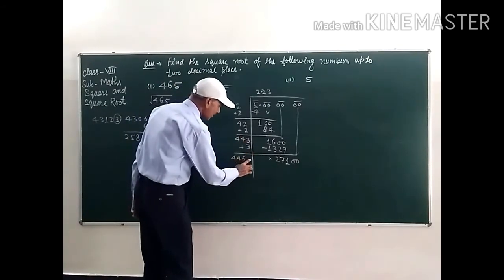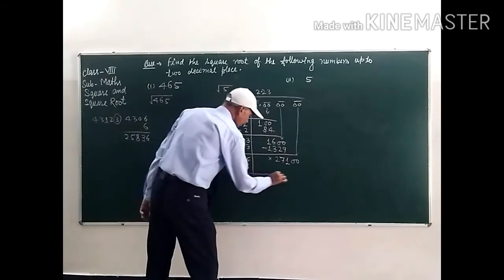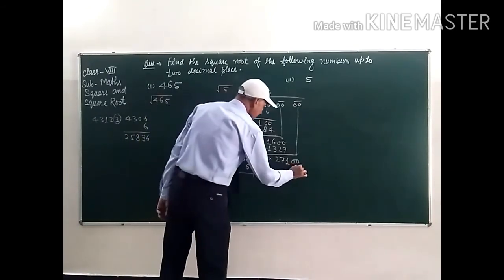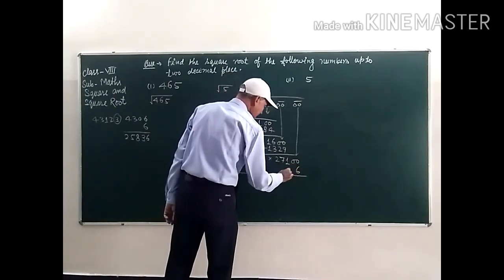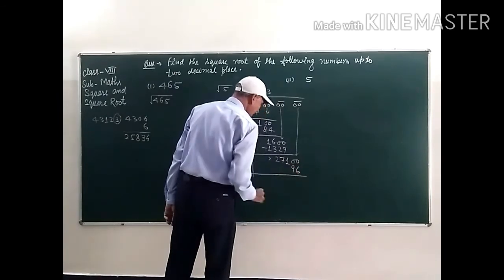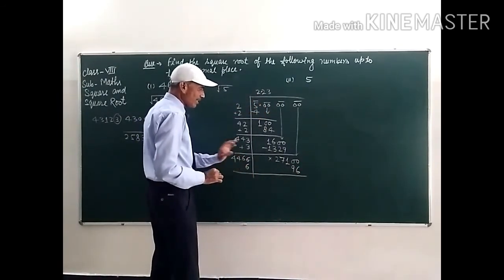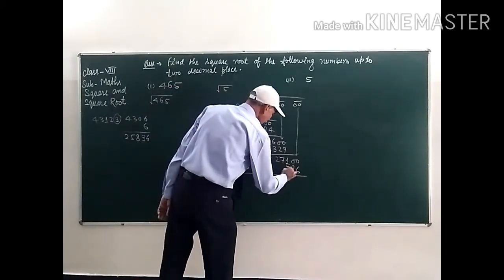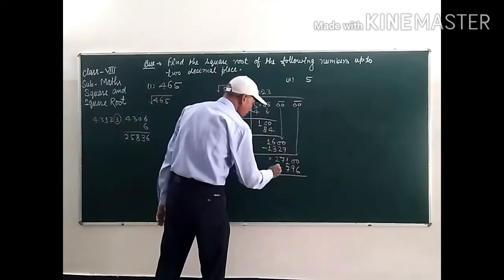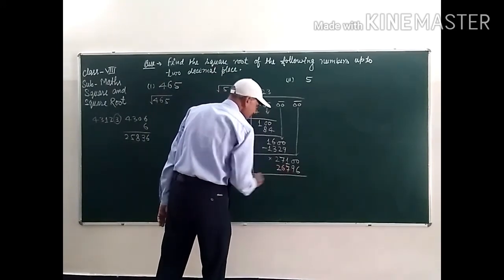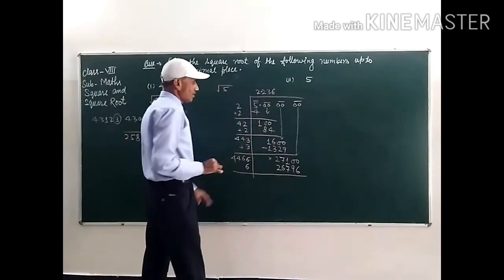Take 6 here. So 6 6 ja 36. Now 6 6 ja 36 and 3 that is 39, 9. 6 4 ja 24 and 3 that is 27. 6 4 ja 24 and 2 that is 26. Okay student, so you have taken 6 here.